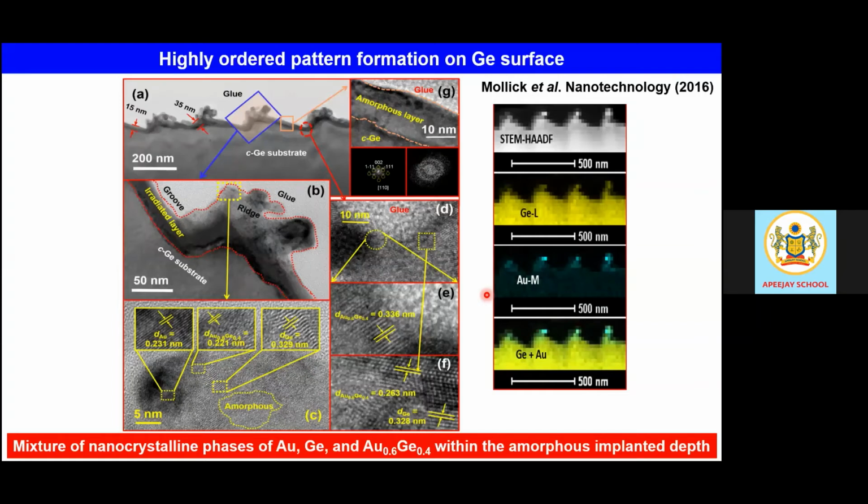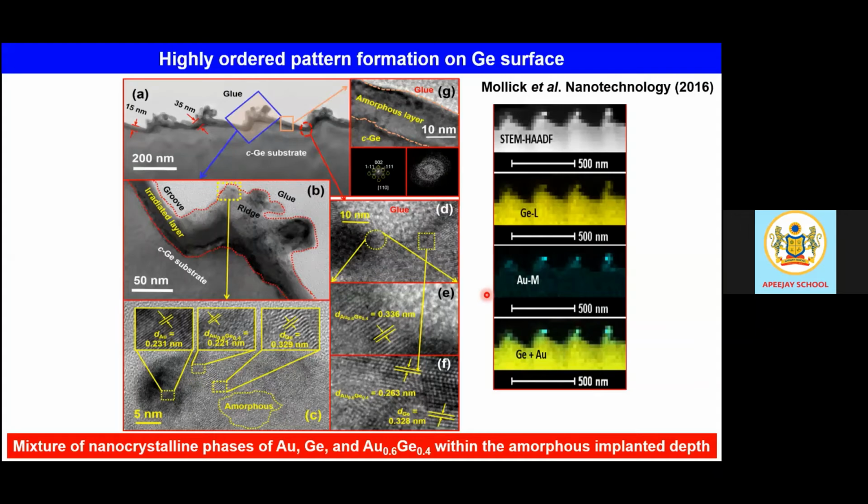And then subsequently, over the cumulative process of long ion fluence, which was allowed to fall on the target, phase separation also took place. So we got to see the presence of all three different kinds of species. First the gold germanide forms, then it got phase separated, meaning it broke into both individual components, gold and germanium.